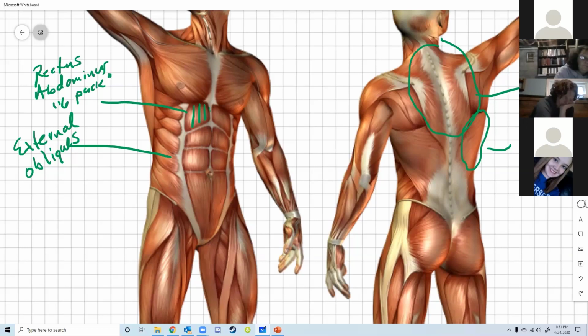Page 144 gives a good view of these layers. I was trying to remember the name of these little ones, something to do with serrated, like the teeth in a knife, but I can't remember. The only ones I'm going to ask you to be responsible for are these two for the abdominal.